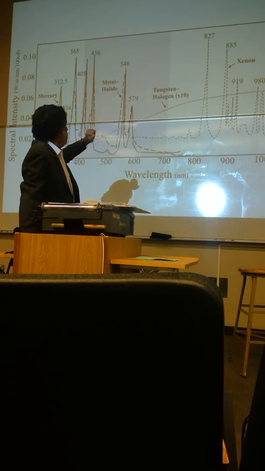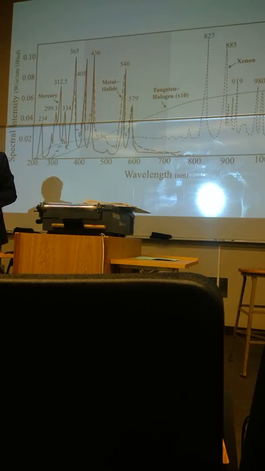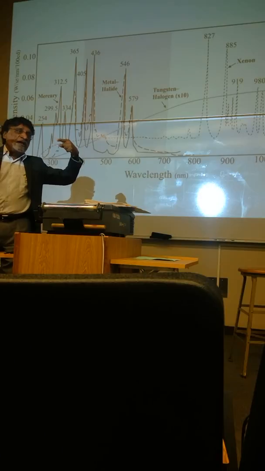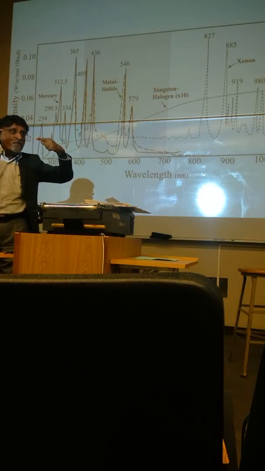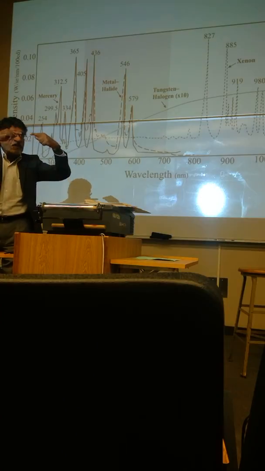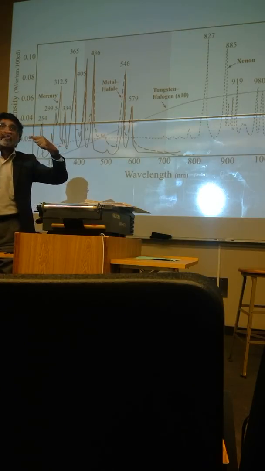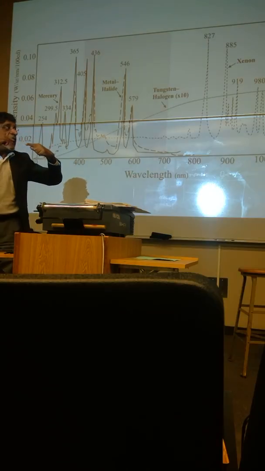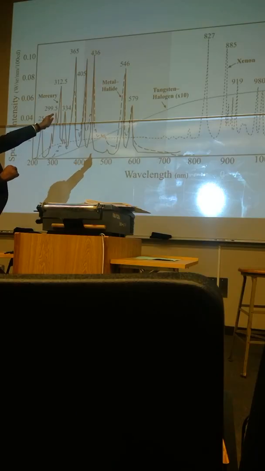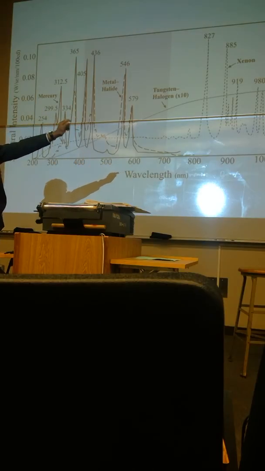Okay. Now, the second way that people produce light was to take two metal rods, pass a current through them, and then generate an arc between the two sharp tips of these metal rods. So these are the so-called arc lamps. And as you can see, we have these different mercury lamps, metal halide, and the xenon lamps.